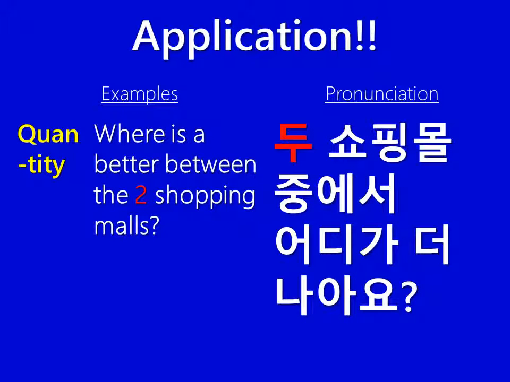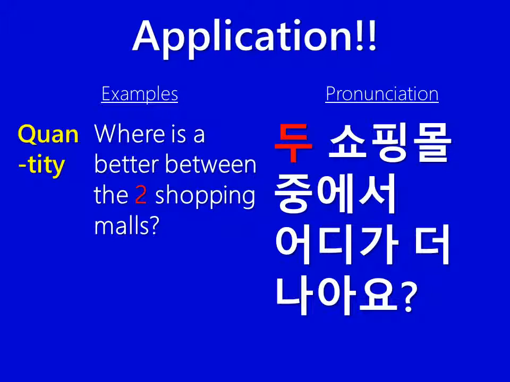If you're also referring to 2 different places and you're not quite sure which one to go to, you could ask, where is a better place between the 2 shopping malls? Well, much better English would be which one of those 2 shopping malls is better.